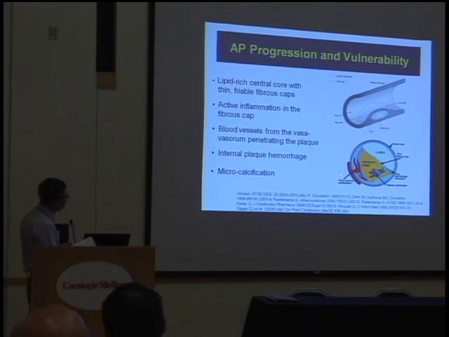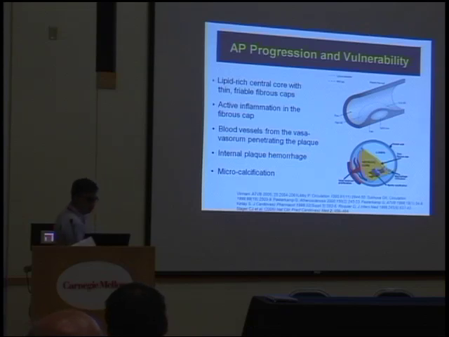Then there is vasa vasorum growing in to feed these necrotic cores. Internal hemorrhage is another signature of rupture-prone plaque. There is also microcalcification that resides especially on the surface of the thin fibrous cap, against the continuous pulsatile flow generating stress on the thin fibrous cap, and it ruptures and breaks.